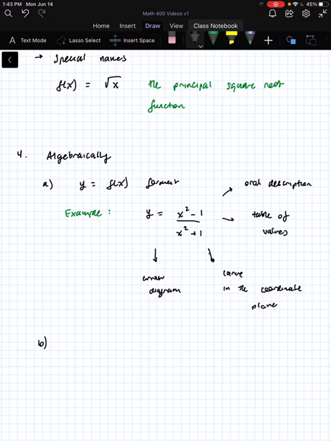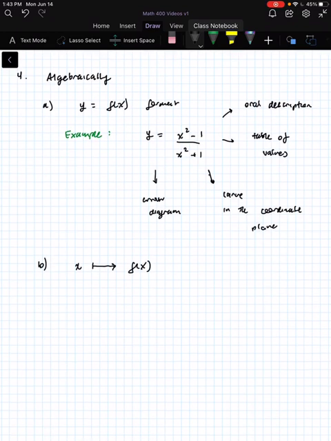Our second format, and this is, of course, interchangeable, we may represent things as x gets mapped to f of x. So that symbol right here is mapped to. In other words, what is the input getting assigned to?